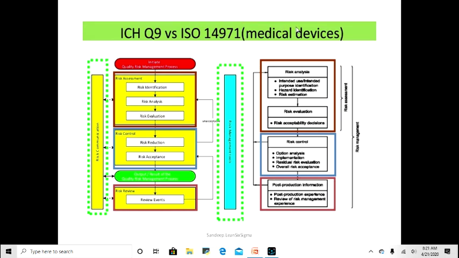Both the medical devices and the tablets or drugs have to follow both of these, that is the ICH guidelines as well as the ISO, which is the quality maintenance, and your risk assessment and management will be based upon both of these. More or less the analysis, evaluation, control, and prediction will be the same for both ICH guidelines and ISO guidelines in managing the risk.